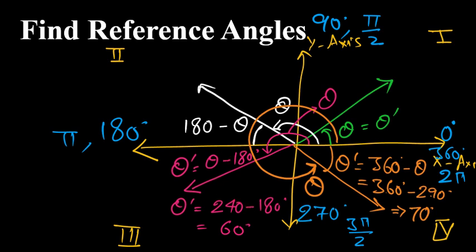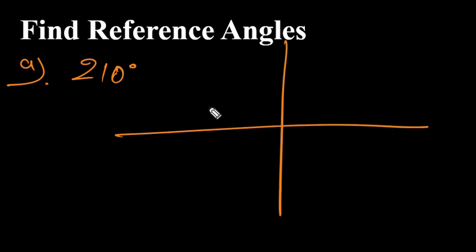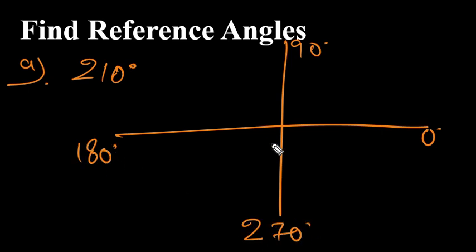Okay, now next let's take some examples. The first example we have is 210 degree. Now where will 210 be? This is your 0, 90, 180 degree and 270 degree. 210 will be somewhere here. So in this case this angle is 210 degree.